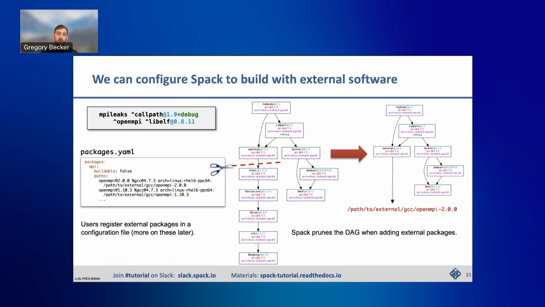Peter is going to talk about this more in the last section of today in configuration. But when you concretize to an external spec, we just prune the DAG right there. We don't know anything about the dependencies under that external spec, but what we do know is where it came from. And so that's the provenance that you get for an external.